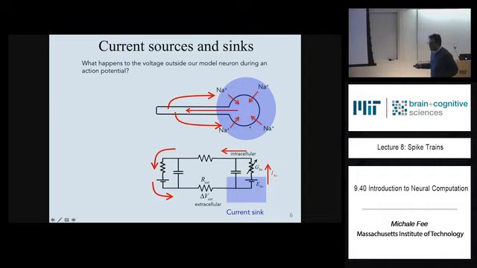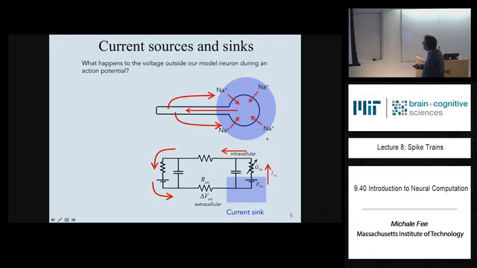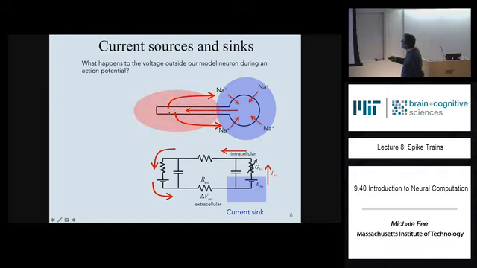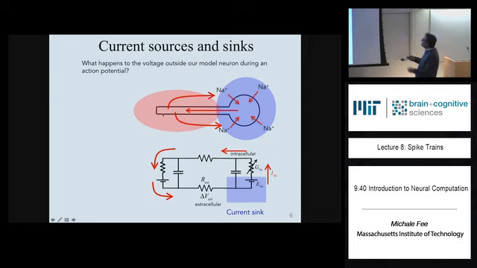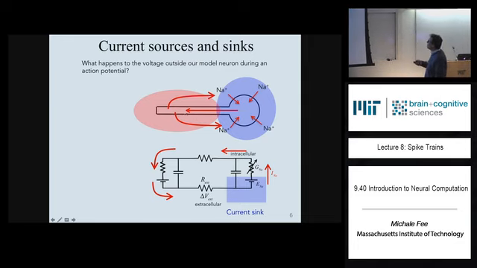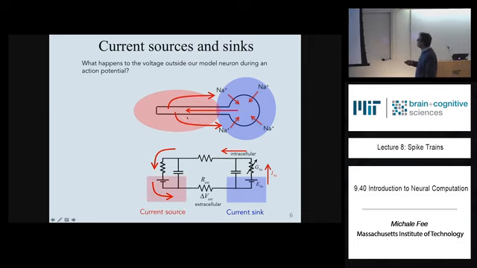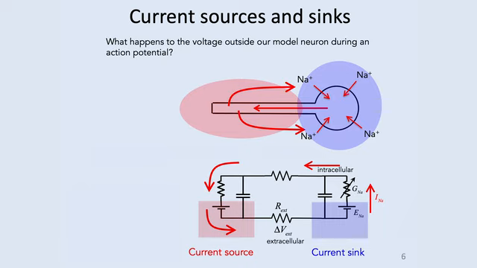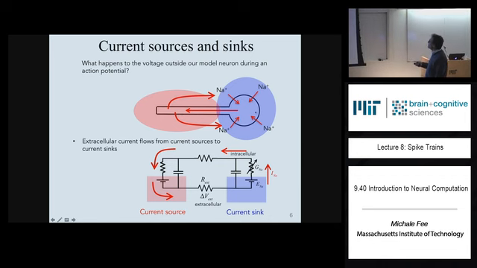So we have effectively what is known as a current sink. Charges are flowing into the soma in the region around the soma. That current then flows out through the dendrite and appears in extracellular space in the region of the dendrite, and we call that a current source. So we have a combination of a current sink and a current source, and you can see that the current in extracellular space is flowing from the current source to the current sink.